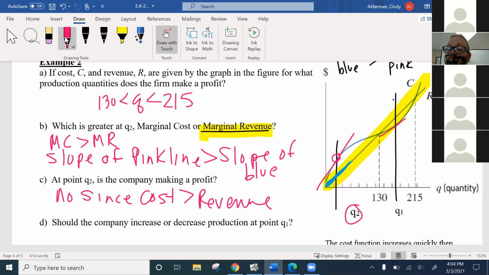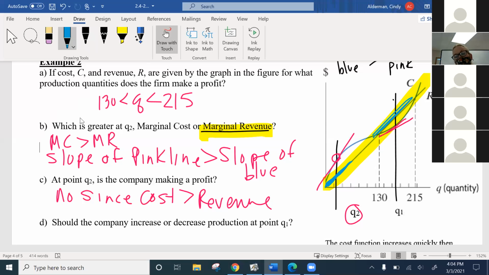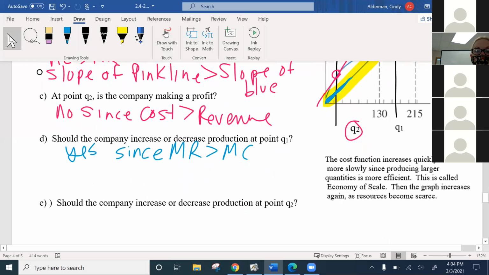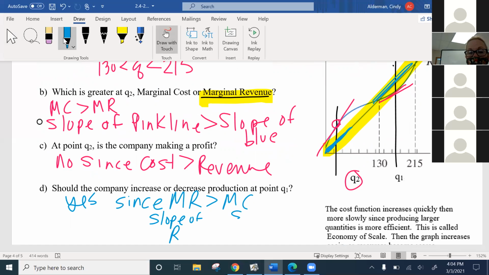Marginal cost is here, marginal revenue is here. I think marginal revenue is more, right? It's steeper. So yes, since marginal revenue is greater than marginal cost. And we mean the slope of revenue, and this is the slope of cost.